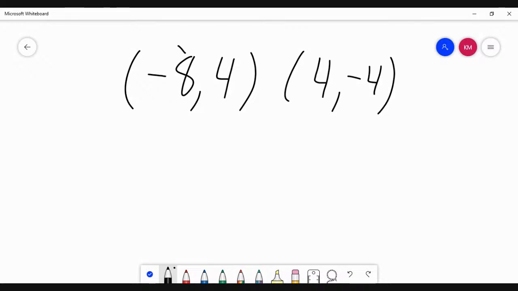Now, x1, y1, x2, y2. Make sure you are labeling your first x as x1, first y is y1, second x is x2, second y is y2.